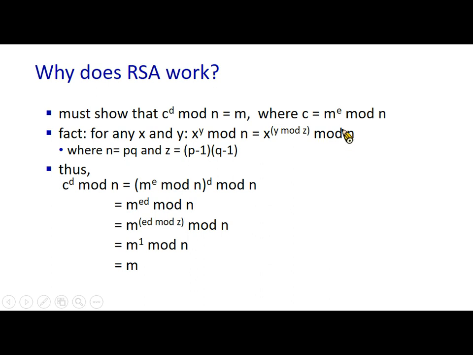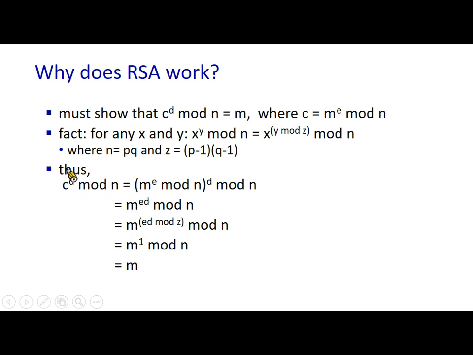The number n is p times q, and z is (p minus 1) times (q minus 1).